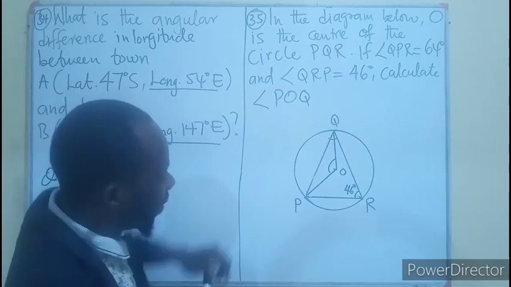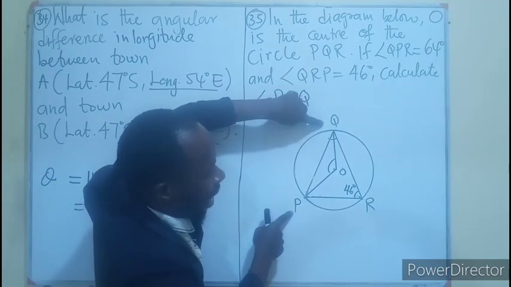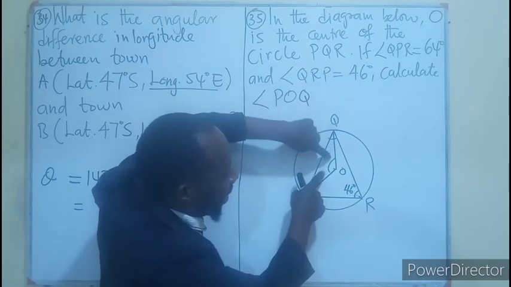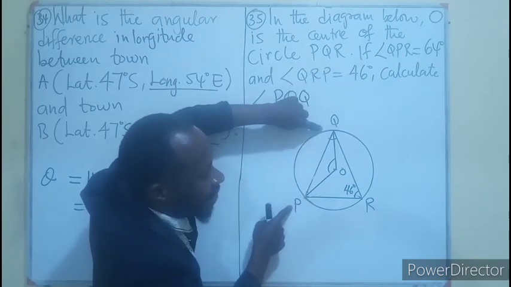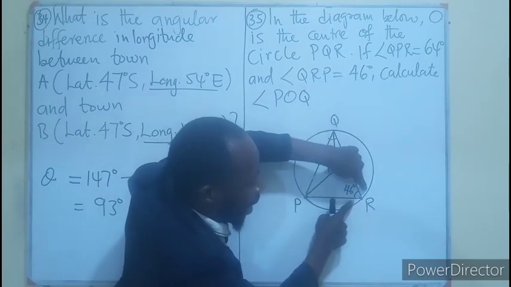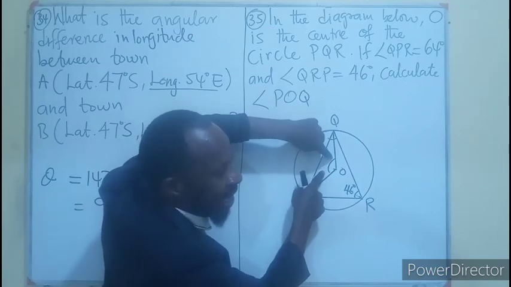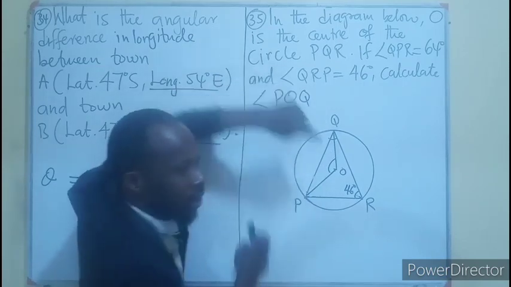But let's look at it this way. PQ is a chord, right? We know the angle a chord subtends at the center is twice the one it subtends at the circumference. The same chord gives us this angle 46. The same chord gives us the angle at the center, which is POQ.